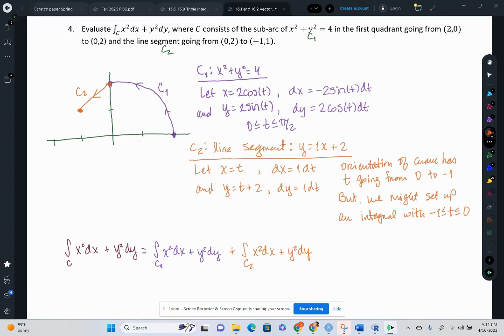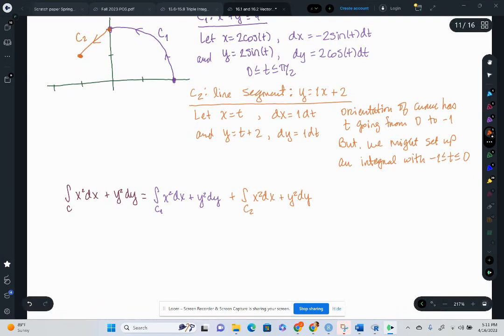Now, when I set this up, the first one is not so bad. Let me go ahead and write that one out. The first one, t is going from 0 to pi halves, and that is also the direction along my curve, right? I start at 0, I go to pi halves, the arrows are pointing in that direction, so everything is good. My bounds are in the same direction as the curve travels.